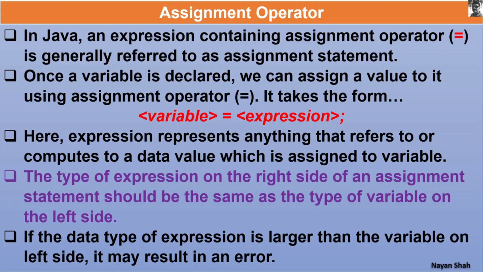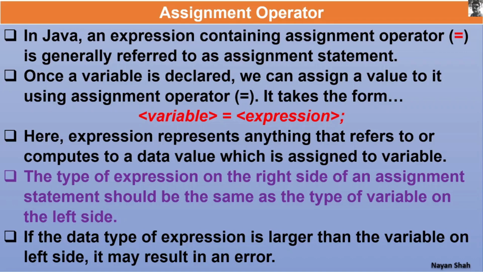The type of expression on the right hand side of an assignment statement should be the same as the type of variable on the left hand side. This is again very important for you to understand. When you say a is equal to 10, if the variable a is declared as type byte, and you are assigning the value 10.5, then it's an error, because a variable of type byte cannot store a value with a decimal point.